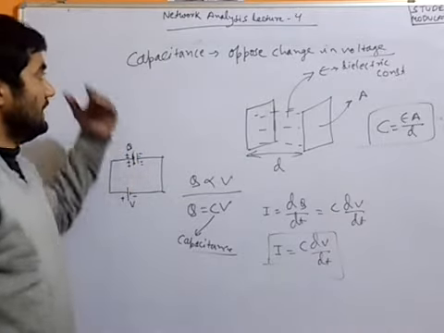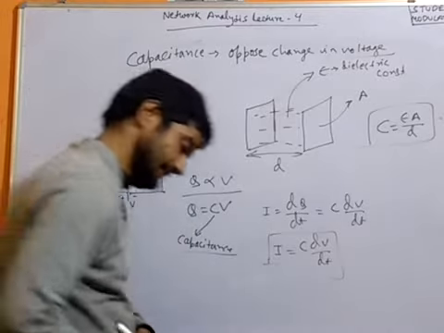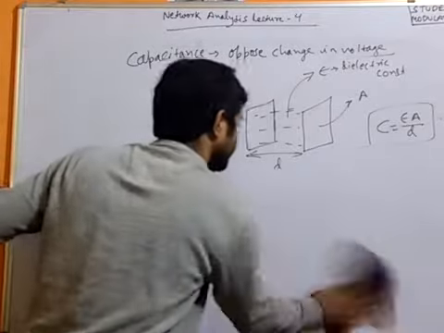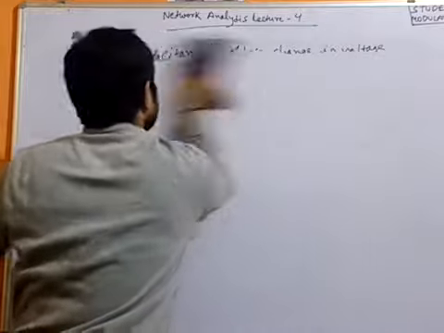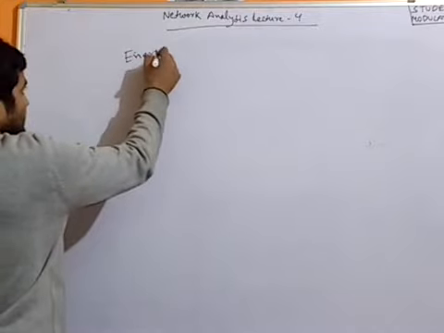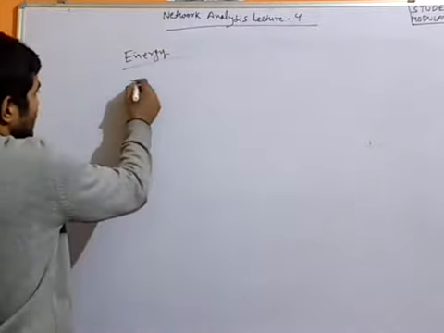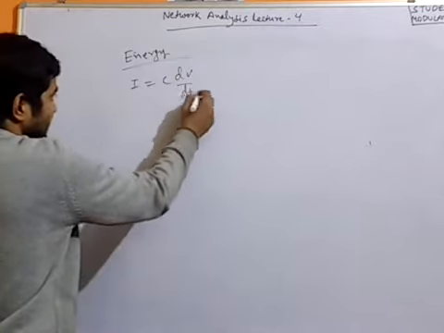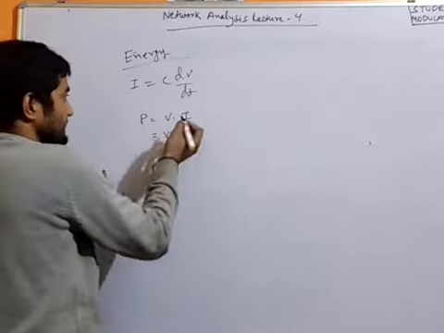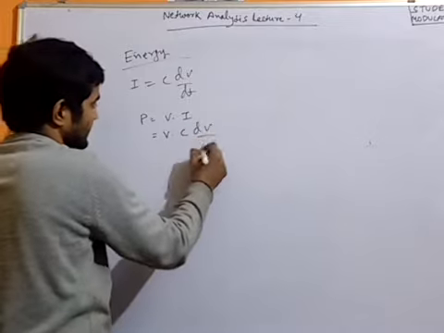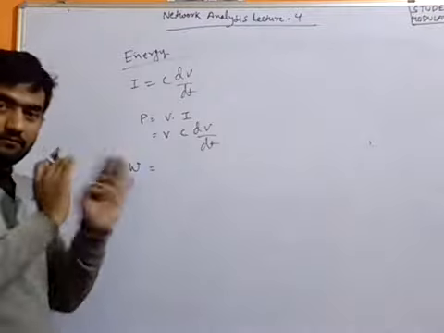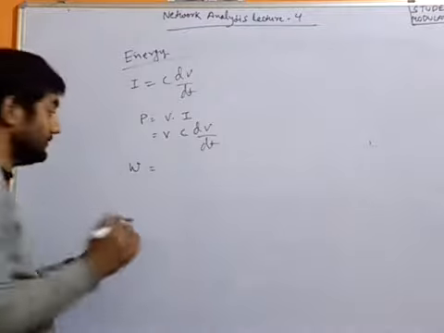Now come to the next topic related to the capacitance, and that is energy stored in the capacitor. So how much energy is stored in the capacitor? Let's see. We just derived I equals C dv by dt, and we all know that power equals V into I. So we can write V as it is, and instead of I we can write this one, and of course the work done is energy. Power is work per unit time, or you can say rate of doing work.